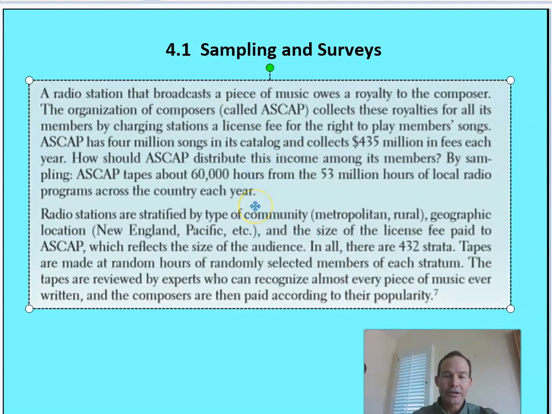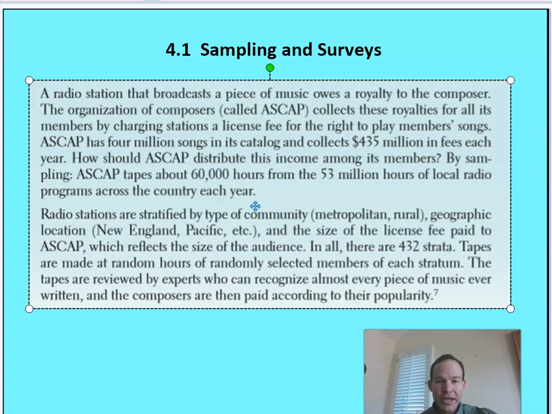There's a little bit of reading here, so you might want to pause it, but basically a radio station that broadcasts a piece of music owes a royalty to the composer. This organization of composers called ASCAP collects the royalties for all of its members by charging stations a license fee for the right to play member songs. ASCAP has 4 million songs in its catalog and collects $435 million in fees each year.